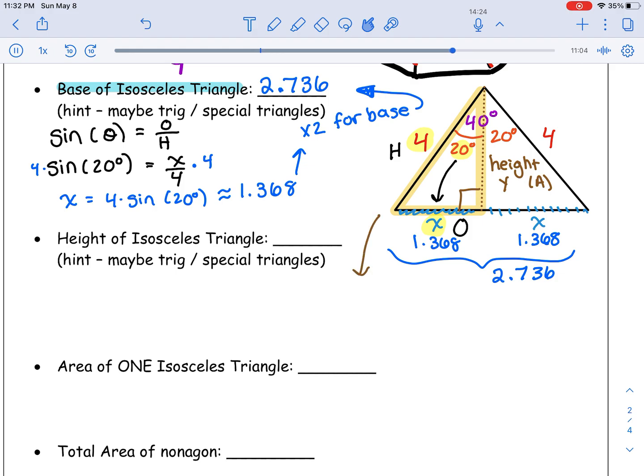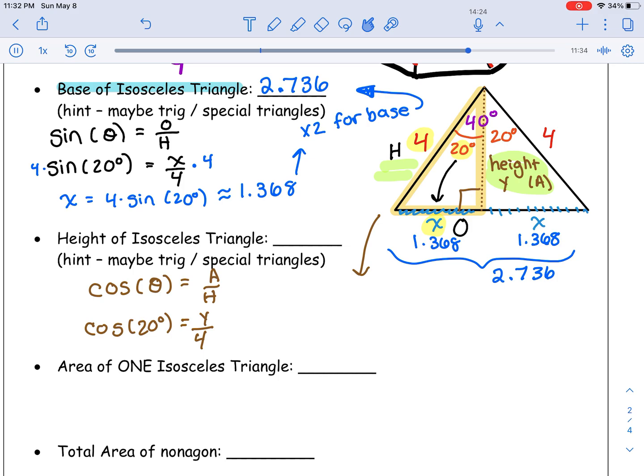So I know my adjacent, or I want my adjacent. I know my hypotenuse. I'm going to say that the cosine of theta equals adjacent over hypotenuse. Or the cosine of 20 degrees equals Y over 4.